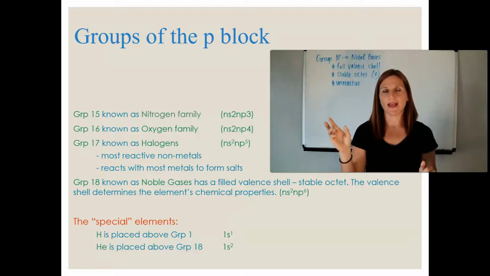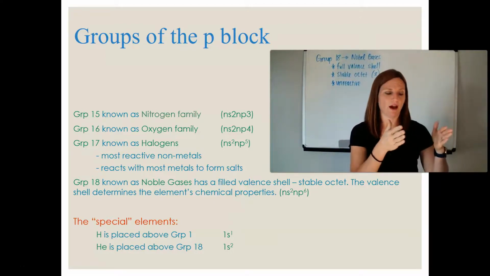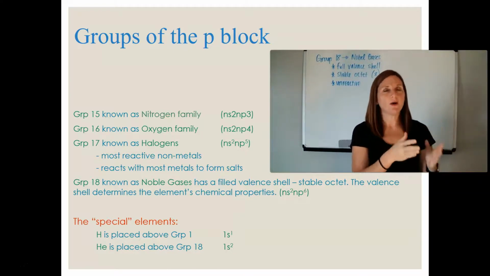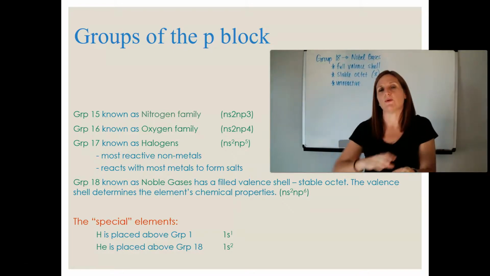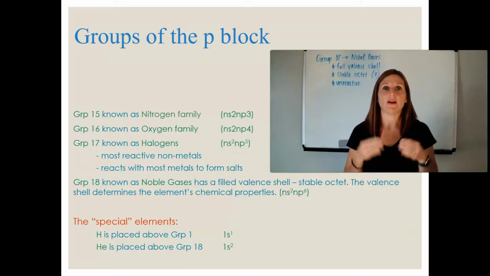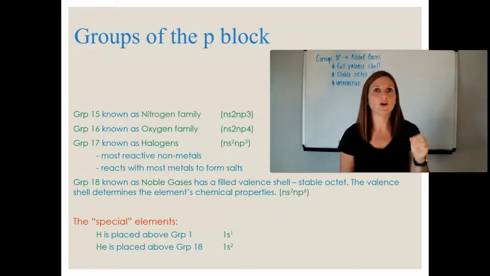And so in that way, it should be right over group 2 with the beryllium and magnesium and calcium. But it turns out that because 2 is the most it can have, having 2 for helium makes it also stable. So we put helium as like a noble gas. And instead of having a full octet, we say that helium has a full duet.